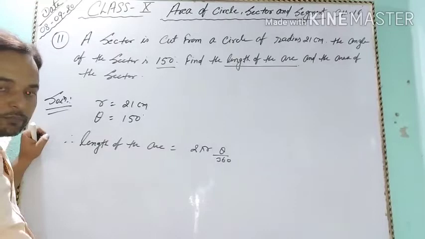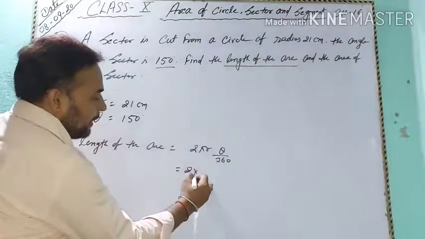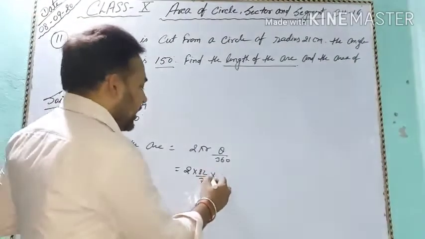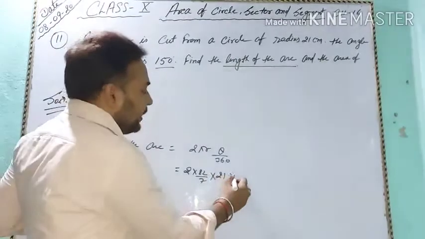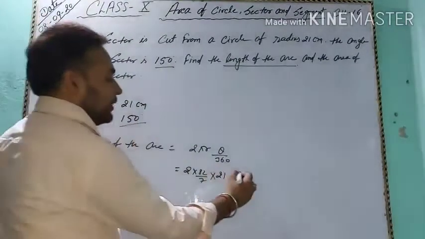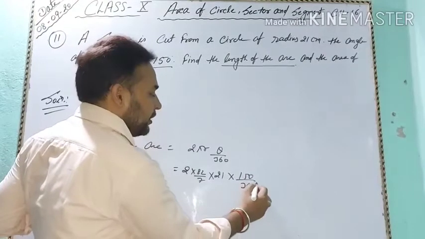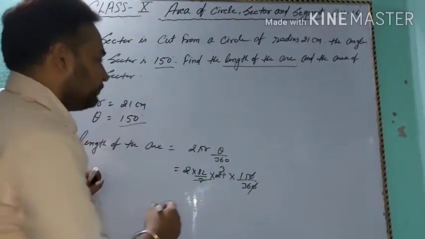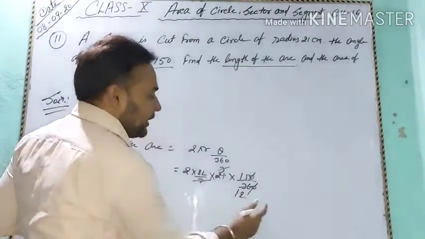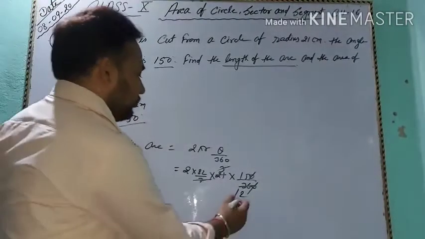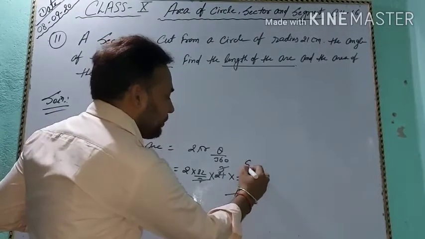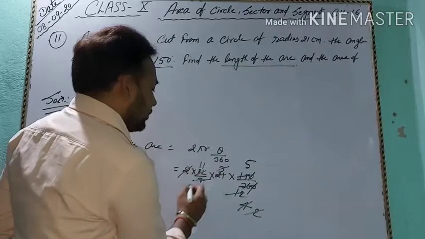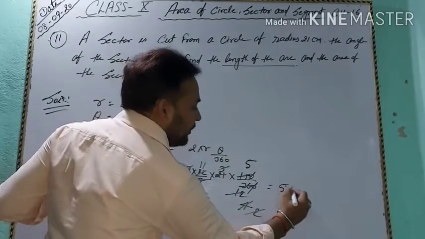That is 2 multiply 22 by 7, the value of pi equal to 22 by 7, and r equal to 21, multiply theta equal to 150 degree, divided by 360 degree. 0 0 is cancelled. 7 3 are 21, and 3 12 ja 36, and 3 4 ja 12, and 3 5 ja 15, 2 2 ja 4, and 2 11 ja 22, 11 5 ja 55 centimeter.